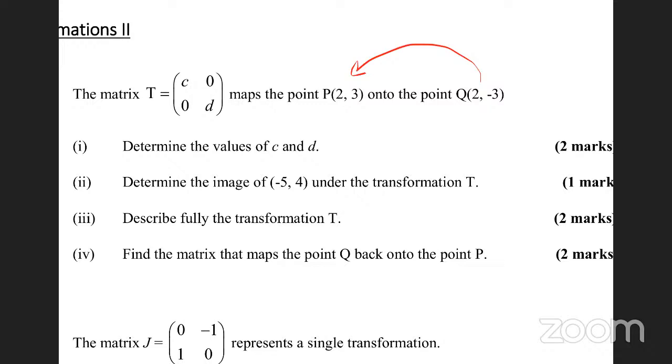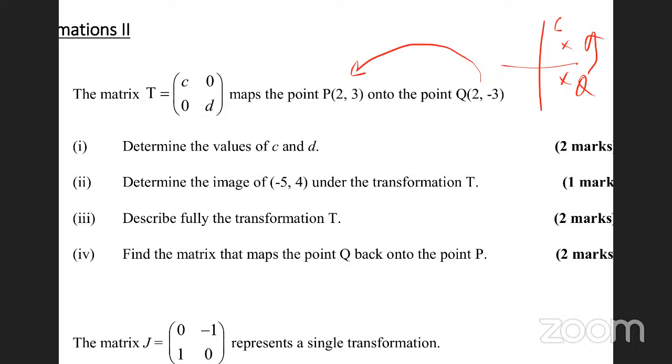P was here, now Q is here, but they want to go the other way around. You have to know your transformations. How are you going from Q back to P? Are you reflecting in the x? Same thing.